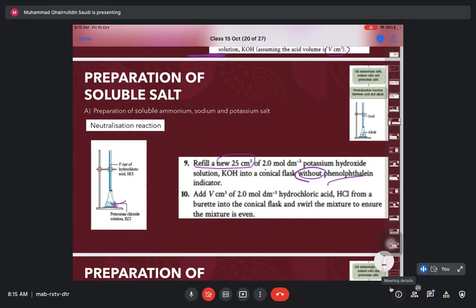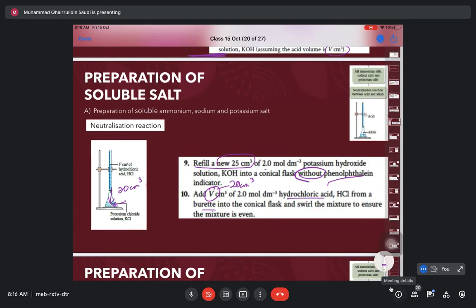of acid. Sebab tu, lepas awak dah letak potassium hydroxide solution dalam conical flask, awak hanya tambah yang ni tadi 20 cm3 of hydrochloric acid dalam burette. Daripada burette ke conical flask. So awak tambah terus exactly 20 cm3 sebab right now you already know the volume needed to neutralize the potassium hydroxide solution.